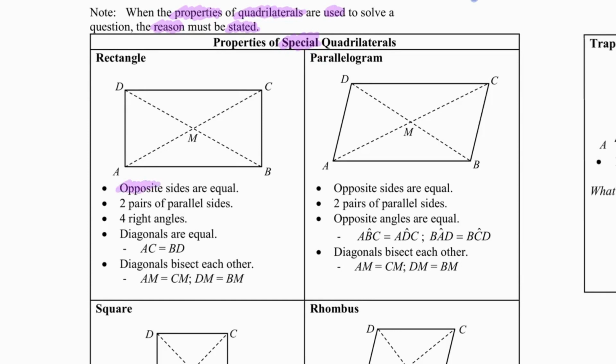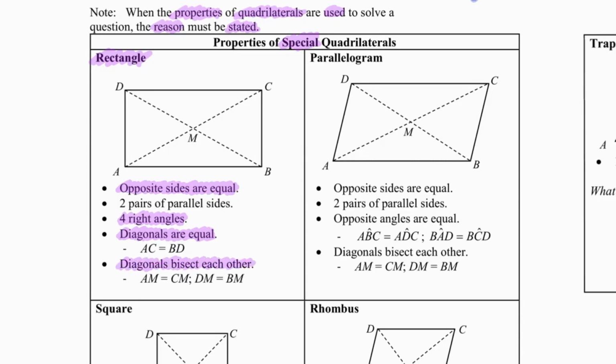This is the quite common one. The opposite sides are always equal. So this is the property itself for rectangle. Okay, and for right angles is something that we always use. Diagonals are equal in a rectangle, and the diagonals bisect each other.